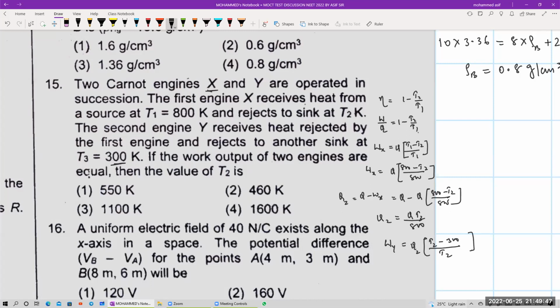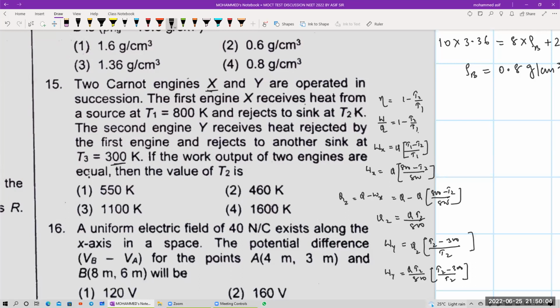So work done by engine Y will be equal to Q into T2 divided by 800 into T2 minus 300 divided by T2. A lengthy calculation.